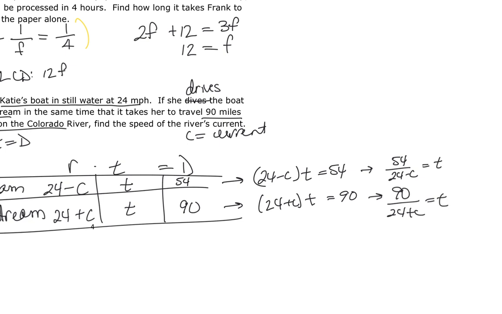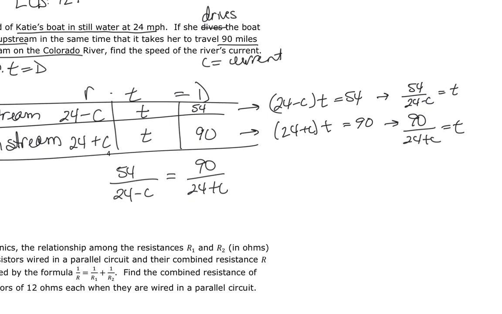Since the times are the same, I'm going to set them equal to each other, so 54 over 24 minus C is equal to 90 over 24 plus C. Now my lowest common denominator is 24 minus C times 24 plus C. So I'm going to multiply both sides by my lowest common denominator. So I'm going to end up with 54 multiplied by 24 plus C, and on the other side, 90 multiplied by 24 minus C.